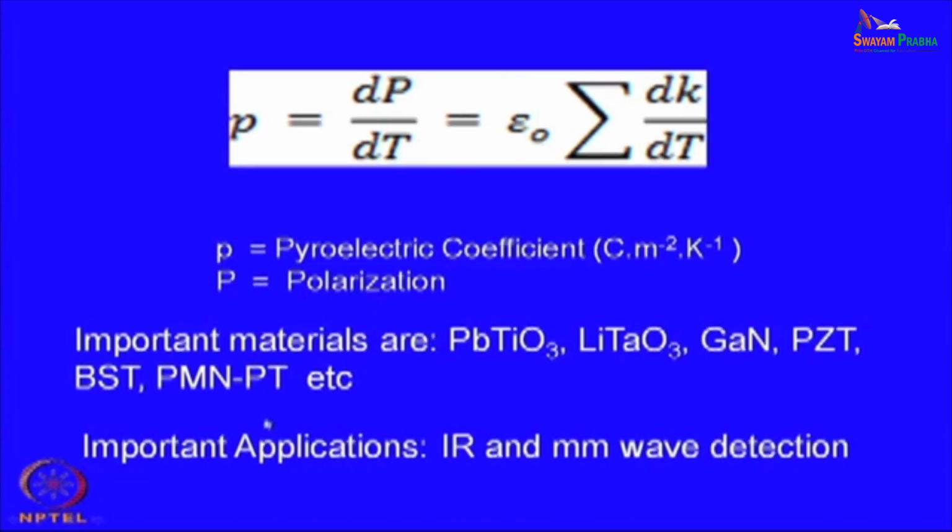Important applications are primarily because it is a temperature effect. So, one can detect infrared. If there is infrared radiation, one can certainly detect it, because it will generate some voltage and that can be processed.